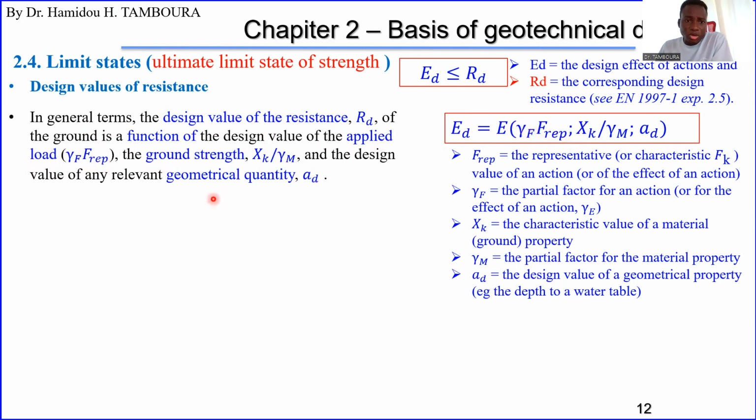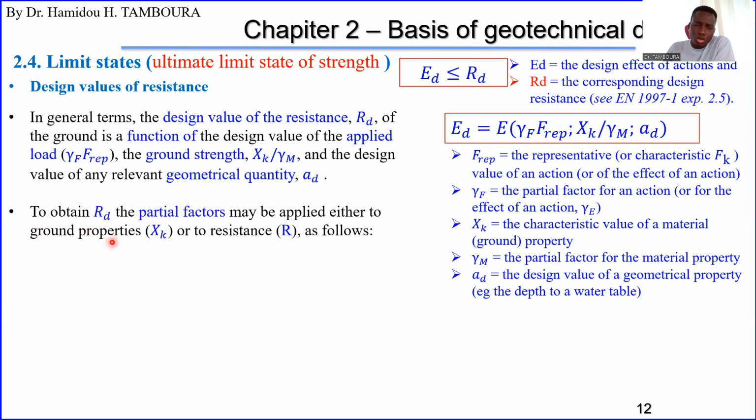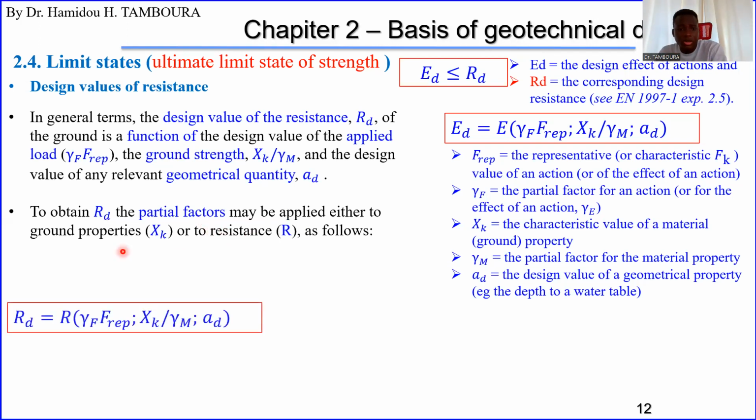It will also be a function of the ground strength, which is the middle part, and also a function of the geometrical quantity, this one. But in this case, to obtain this Rd, the partial factor may be applied either on the ground property, this one, or the resistance. Okay, we can do this.